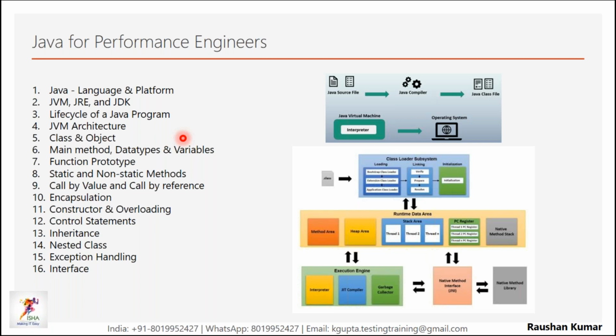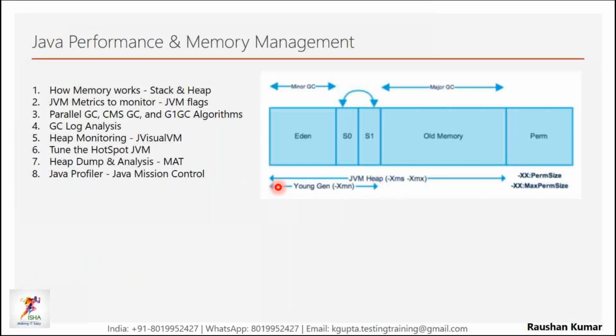Eventually, you have to understand the code, make the modifications, do a POC, proof of concept, test your POC, and then deploy your suggested optimized code with the main code. So we'll talk about Java coding from scratch here. We'll then talk about Java performance and memory management, how things are being done.